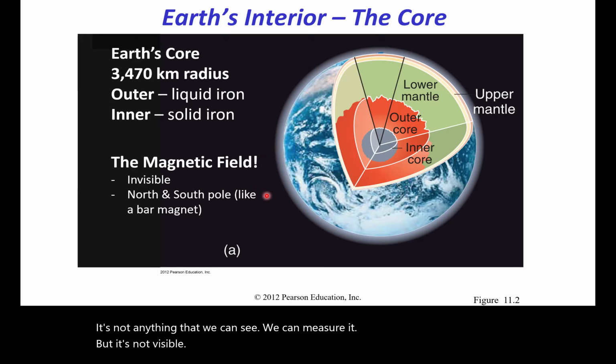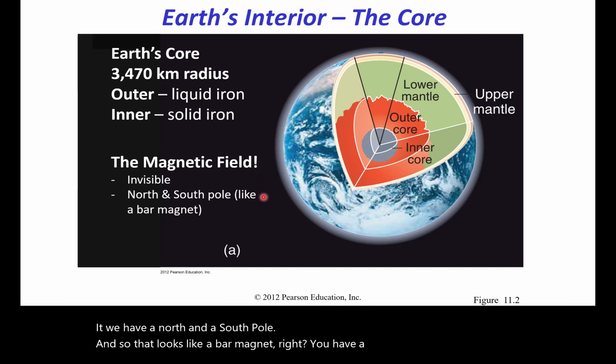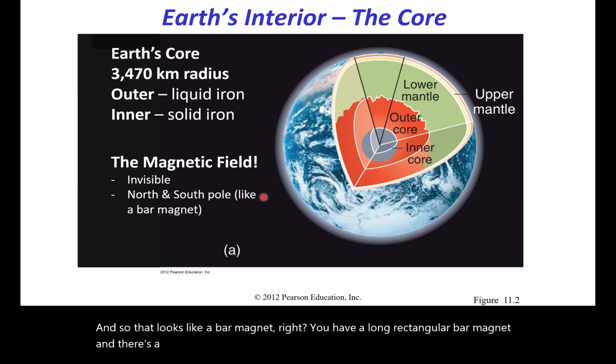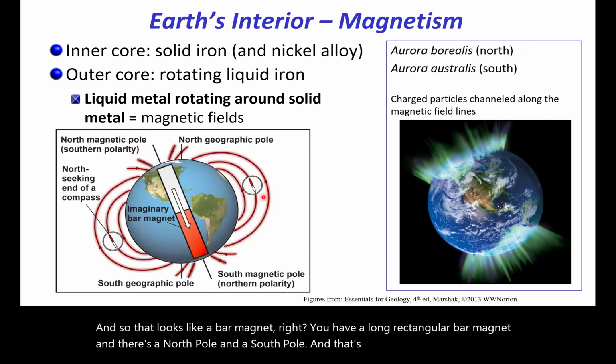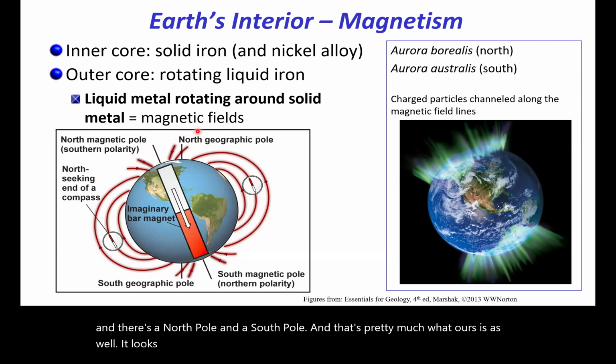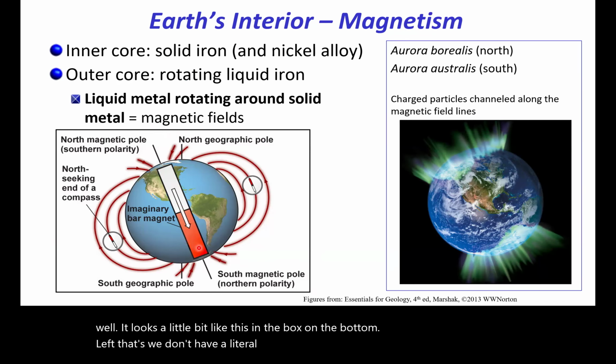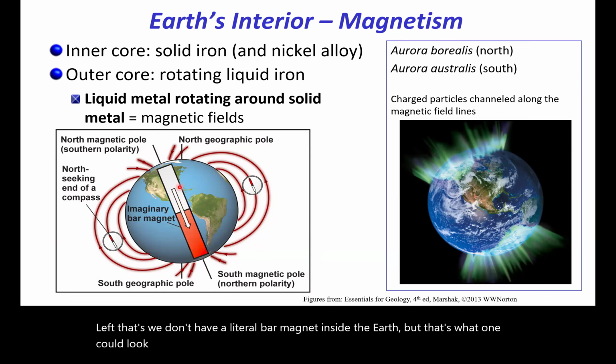We have a north and a south pole. And so that looks like a bar magnet, right? You have a long rectangular bar magnet, and there's a north pole and a south pole, and that's pretty much what ours is as well. It looks a little bit like this in the box on the bottom left. We don't have a literal bar magnet inside the Earth, but that's what one could look like, just to jog your memory.